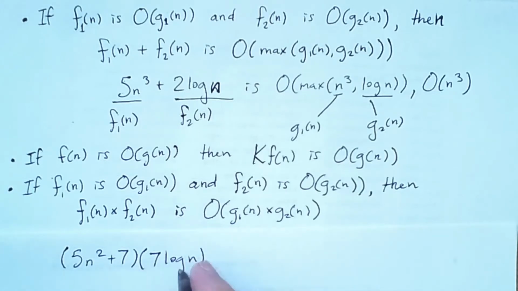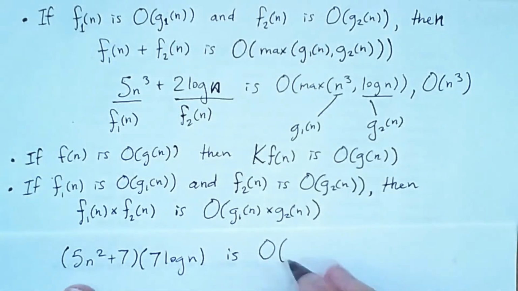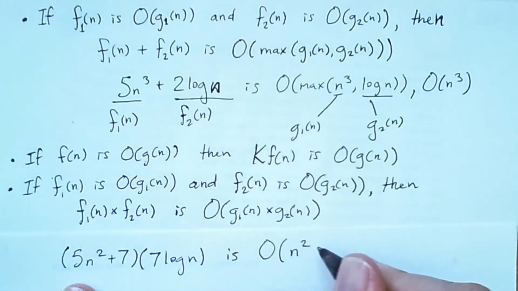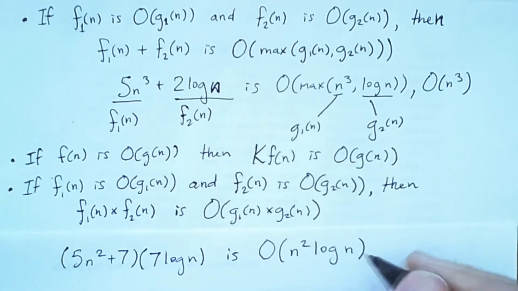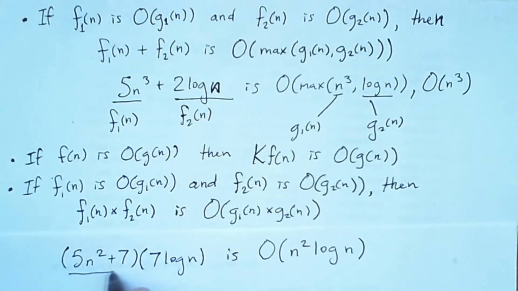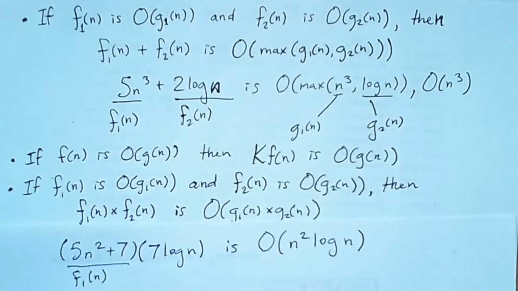So I'm multiplying these two together, but the big O of this would be n squared log n, because if this is our f1 of n, then n squared would be the g1 of n, because 5n squared plus 7 is O of n squared.